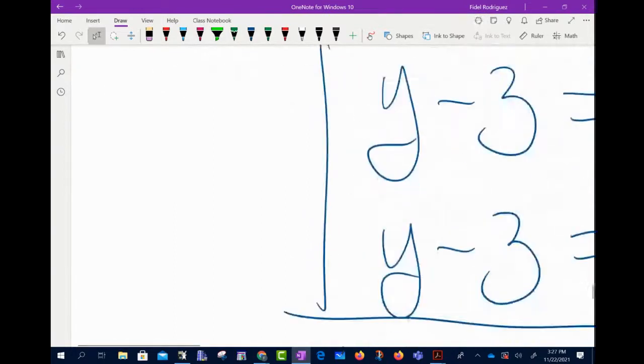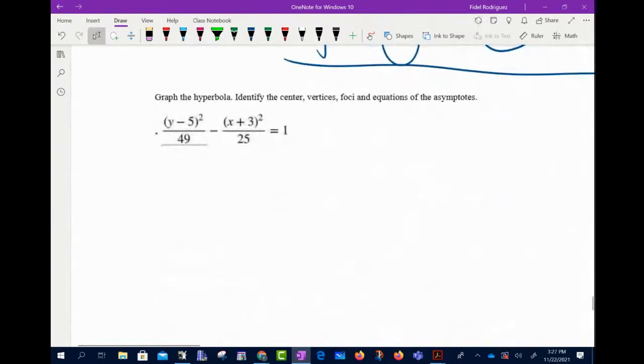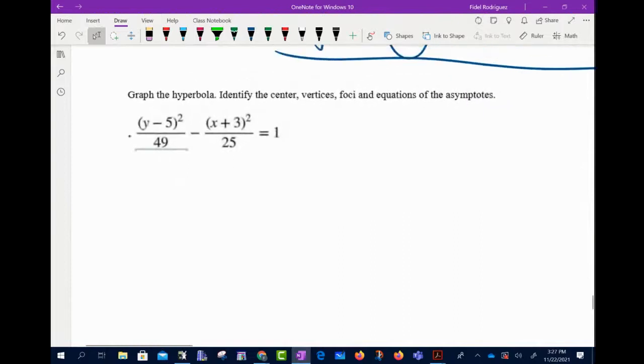All right, so guys, we've got one last problem to do. We're going to graph the hyperbola. We're going to identify the center, the vertices, the foci, and the equations of the asymptotes. Question?